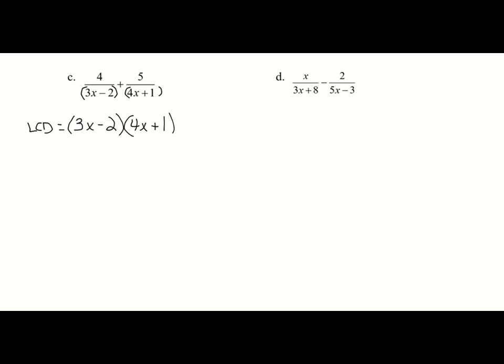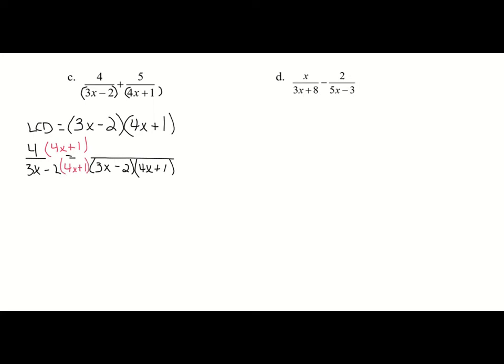So it's an addition problem, so if I take my 4 over 3x minus 2, in order to get it to my denominator of 3x minus 2 times 4x plus 1, I need to multiply both the top and the bottom by 4x plus 1.